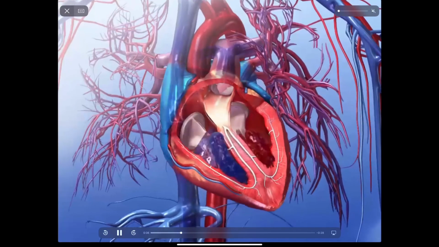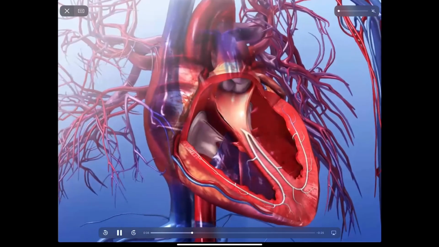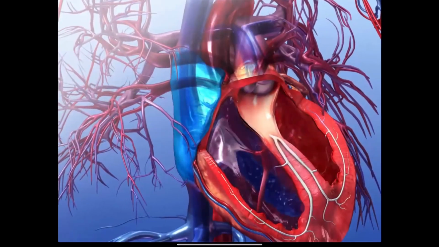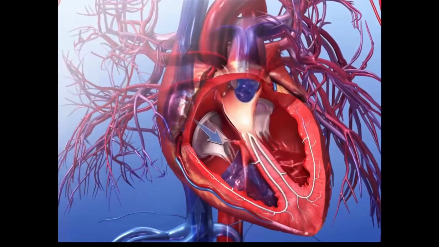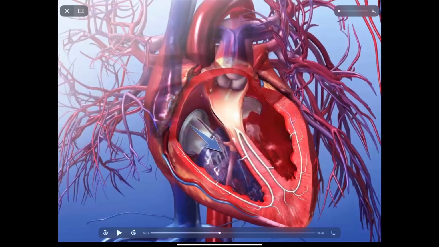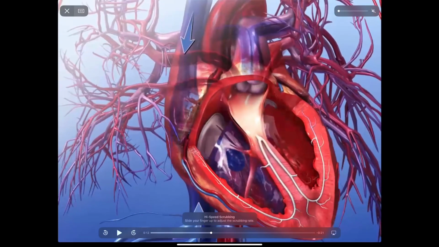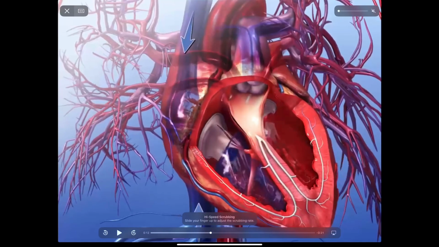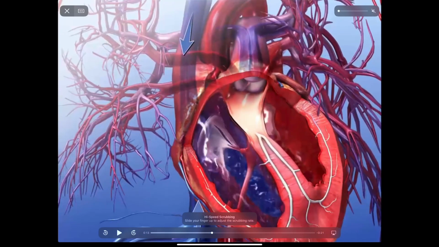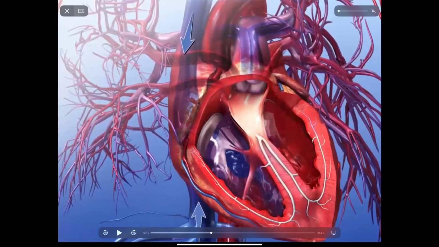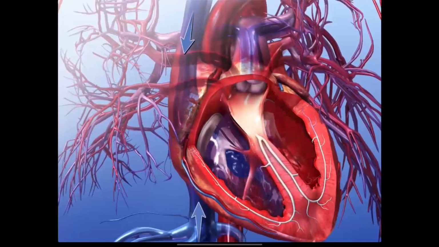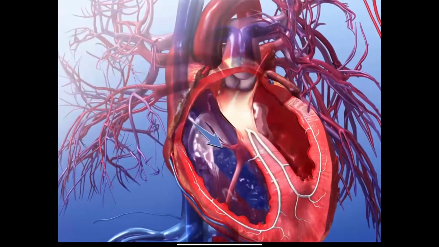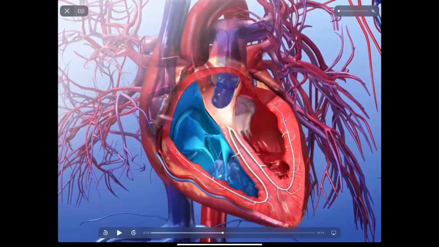Now, we have deoxygenated blood flowing from the atriums into the ventricles. So you can see here, if we go back, see the 2 arrows that are flowing? This is deoxygenated blood. If you remember back to our first diagram where this was identified, the 2 arrows here represent deoxygenated blood flowing to the right atrium. Now blood then flows from the atrium into the ventricle.